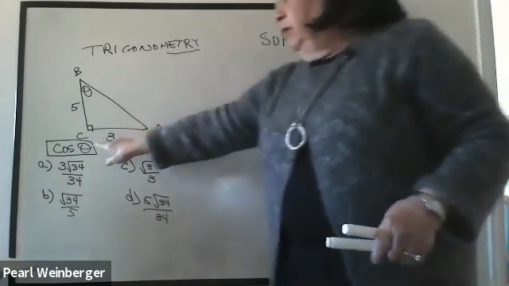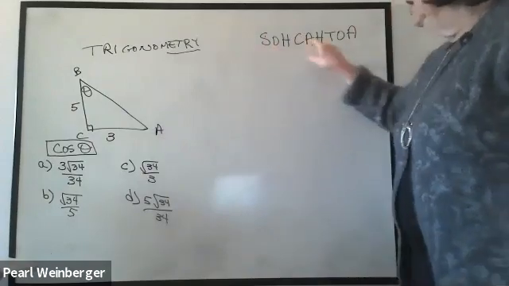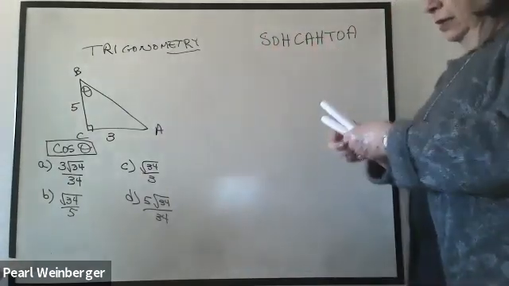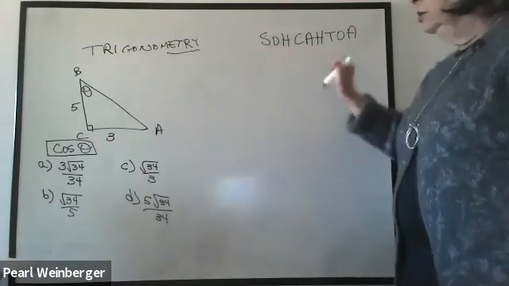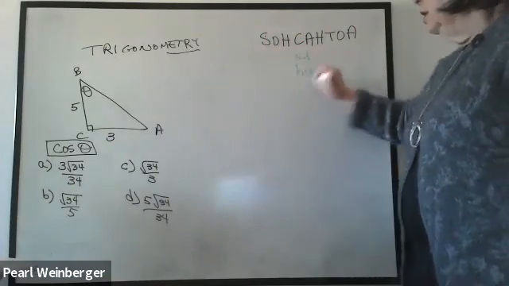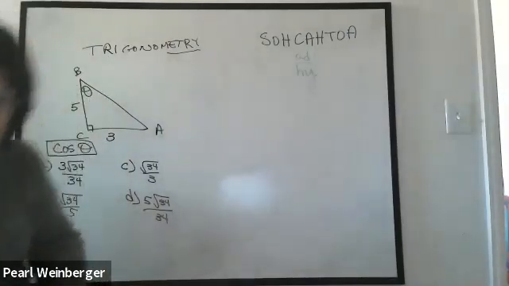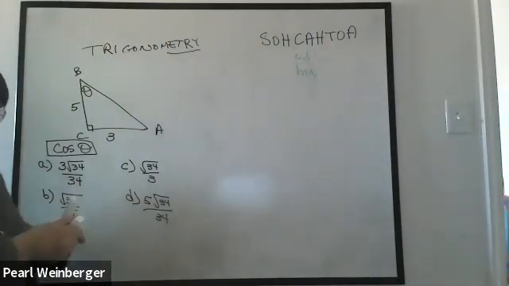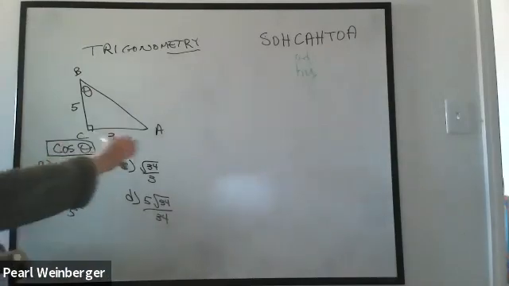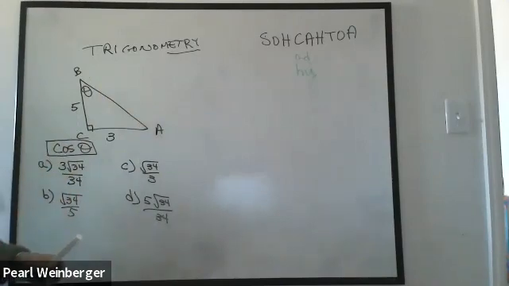First of all, we want to find the cosine of theta. And I know cosine is CAH, adjacent over hypotenuse. That's what cosine is. So let's see what we have here. Here's my triangle. Let's label our sides opposite, adjacent, and hypotenuse.